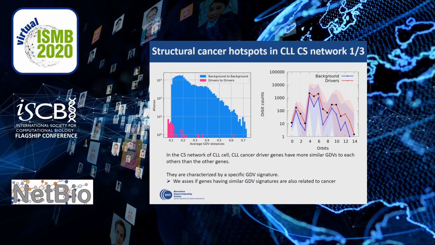To see what this topological signature could be, we plotted on the right the average Grafflet degree vectors of the driver genes in red and of the background DNA elements in blue. The black dots here represent the orbits for which there was a significant difference between drivers and background elements.